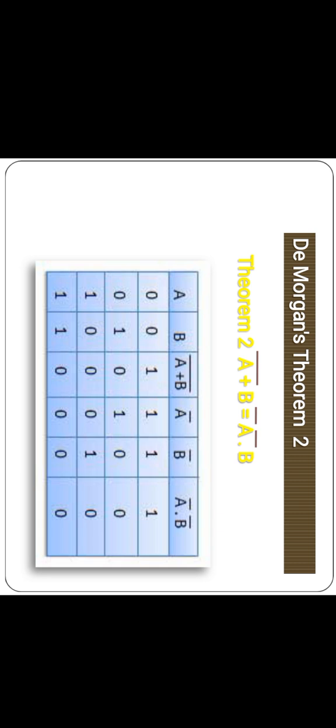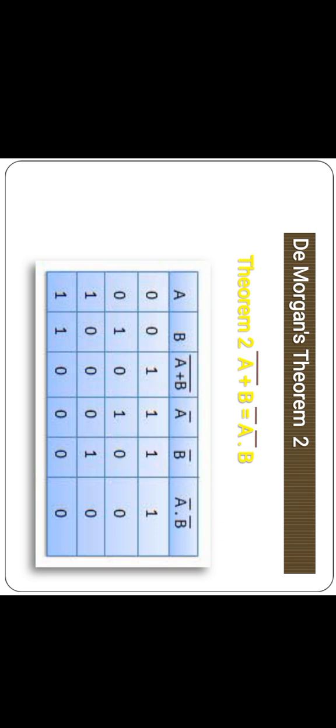For a bar into b bar, 0, 0, a bar into b bar equal to 1. For 0, 1, a bar is 1 and b bar is 0.